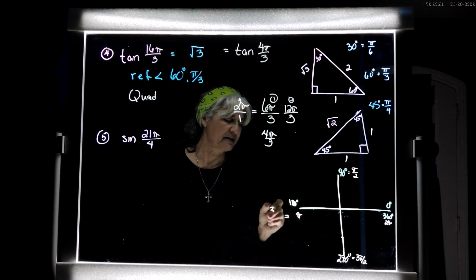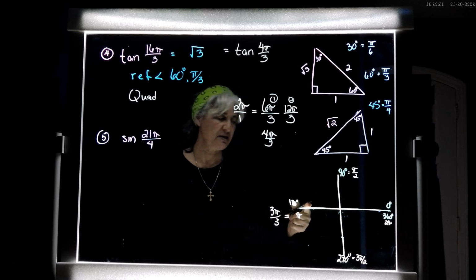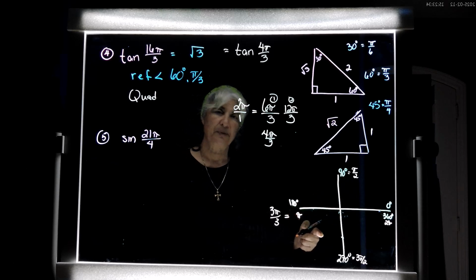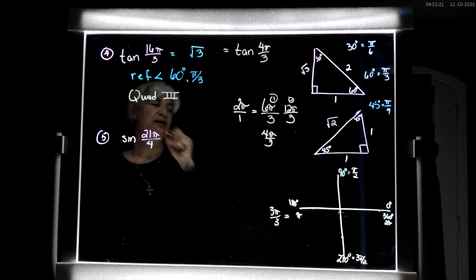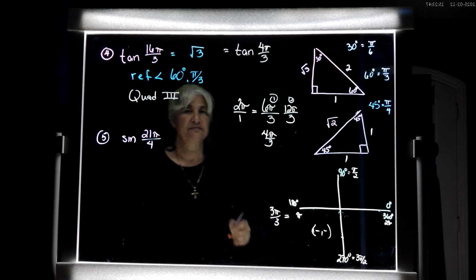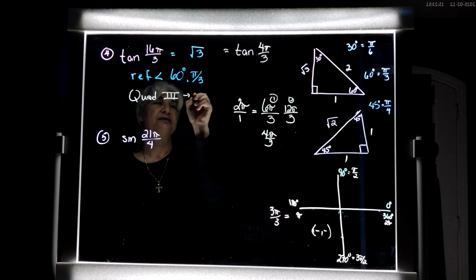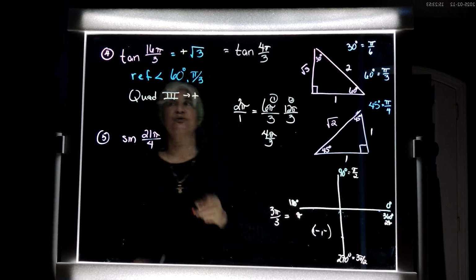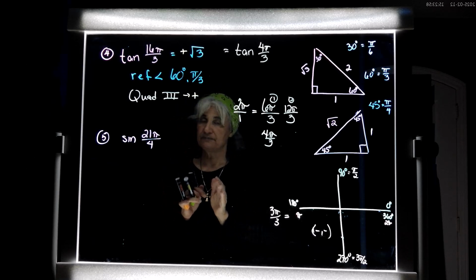I know pi is 3 pi over 3, which means this is 3 and 4 pi over 3, one more, is in quadrant 3. This is a quadrant 3 angle. And in quadrant 3, x and y are both negative, which means tangent is positive, which means the answer here is a positive root 3 over 3. Good? Okay.